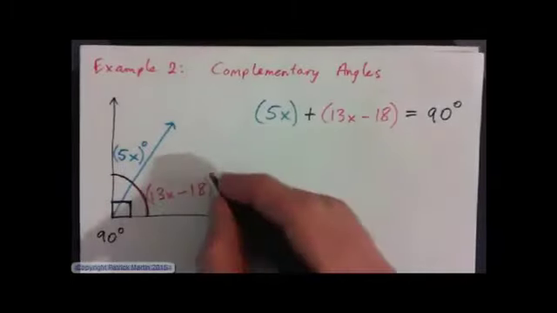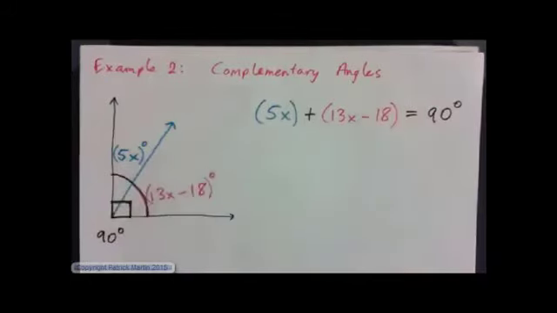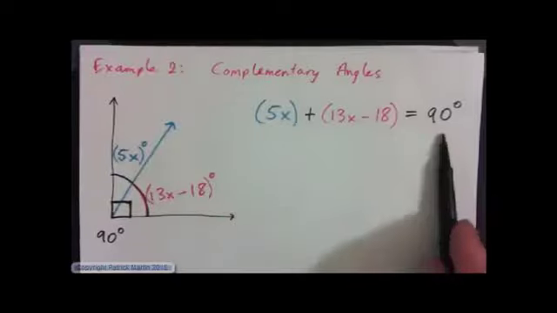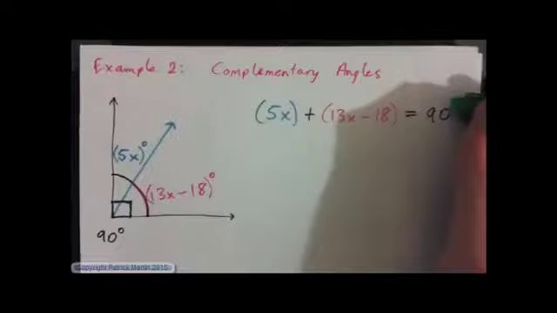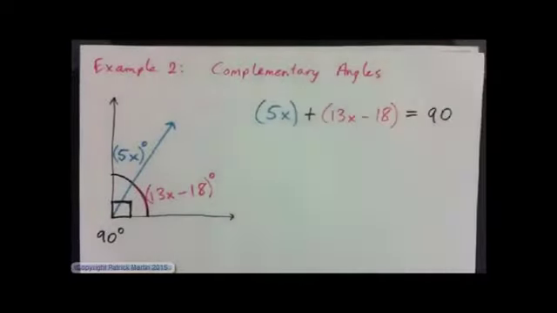The little circle in the top right just means degrees. It's not a number or anything. So we have an equation and we need to solve it. I don't need the degrees in the equation, just leave it as 90.